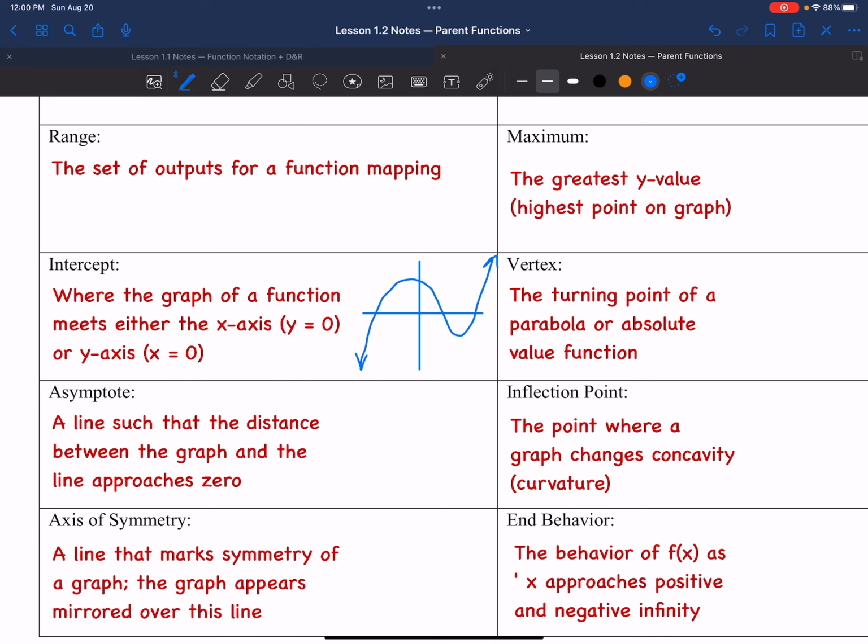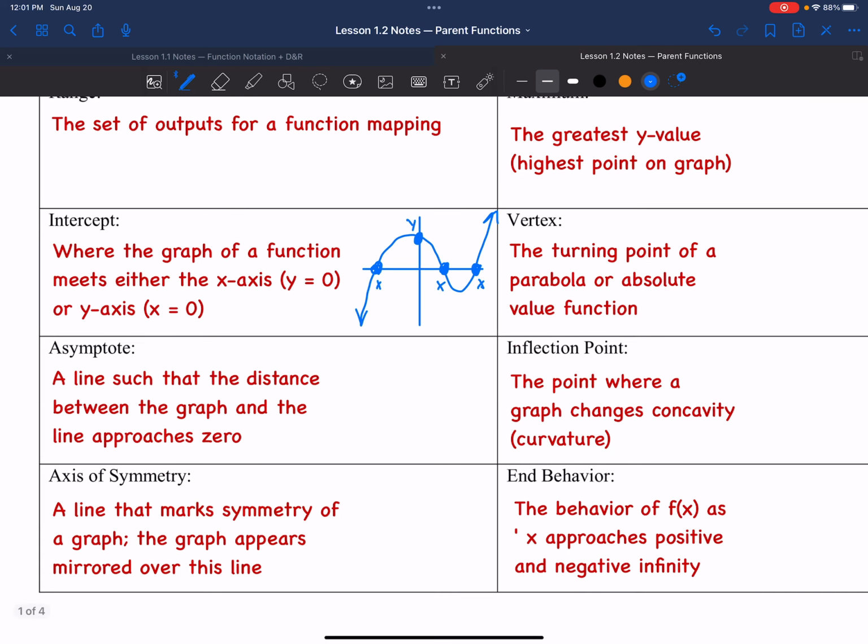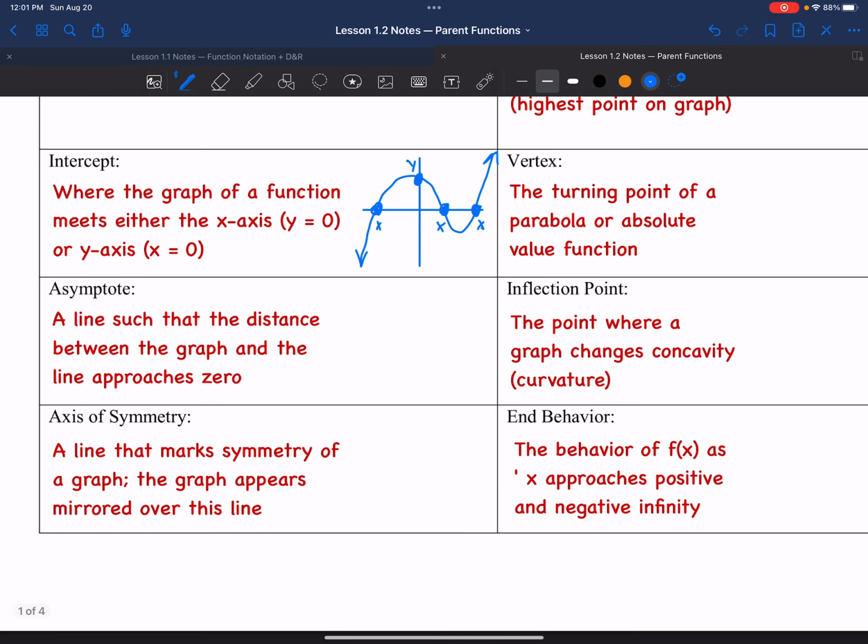Okay, I like that. That one's a little bit better. So, right, these 3 points are where the graph meets the x-axis. Those are x-intercepts. And that point right there is a y-intercept. Okay? Say that's y, that's x, and another x.